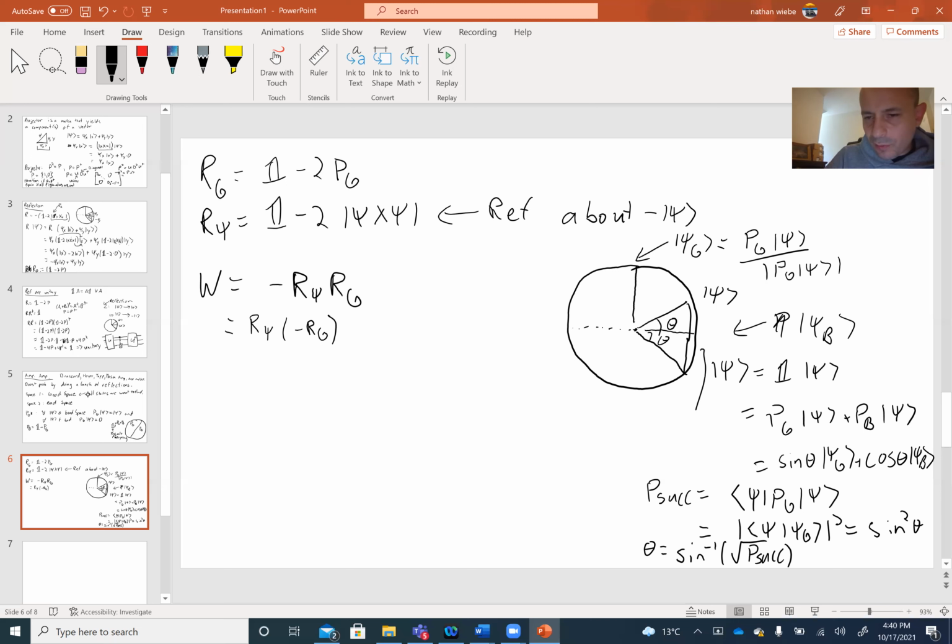In particular, RG acting on psi, or sorry, I don't mean a negative sign, RG acting on psi will end up giving us the negative sine theta psi g plus cosine theta psi b, which is exactly what's happened here, right?